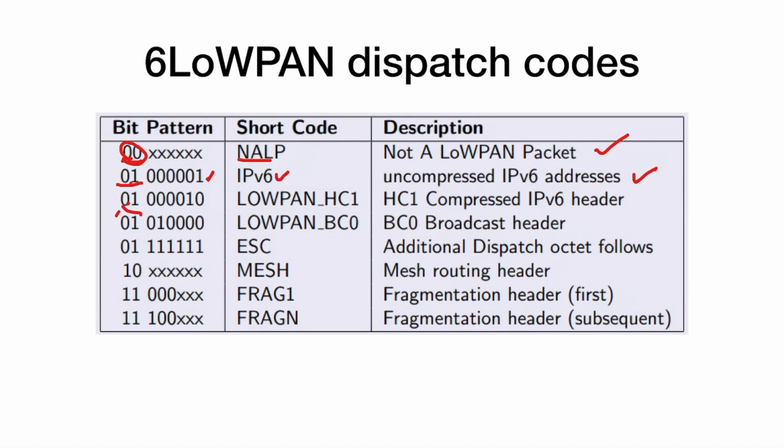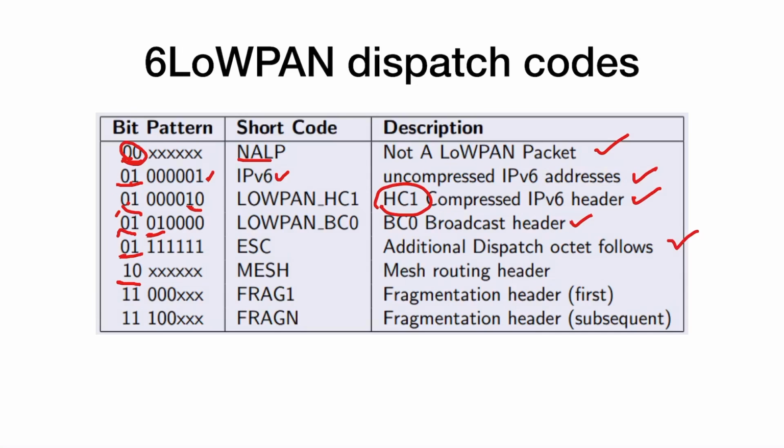Then 0 1, and if it is 1 0, then we have the 6LoWPAN header compressed HC1, which is header compression number 1. Next, again 0 1, and then 0 1 again, so we have the broadcast header. Then 0 1 again with all ones means an additional dispatch octet follows, that is, one more dispatch code will follow.